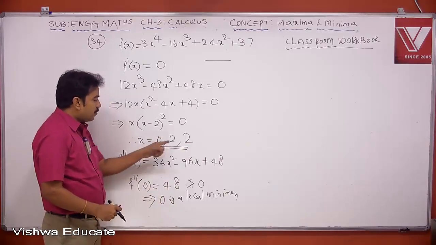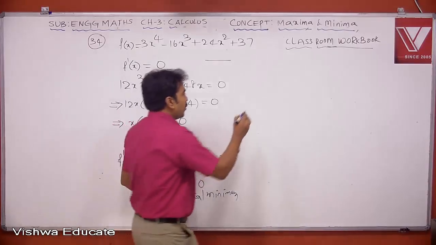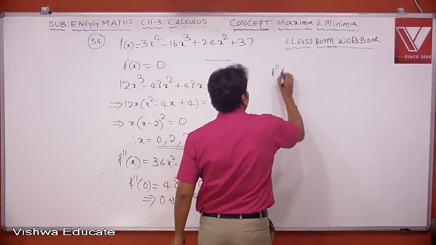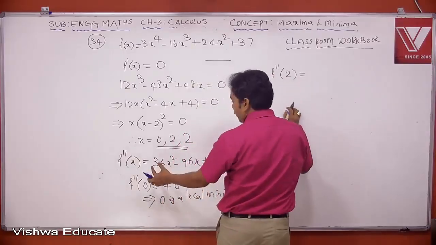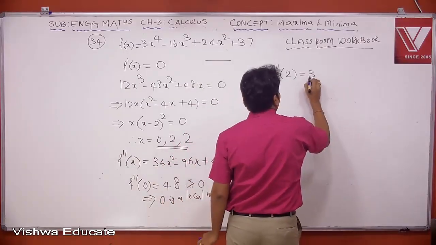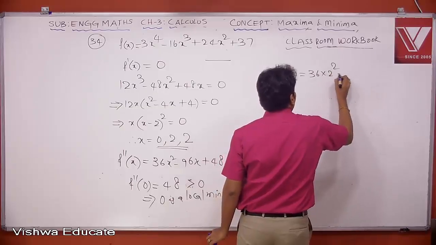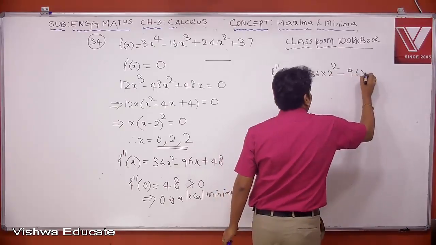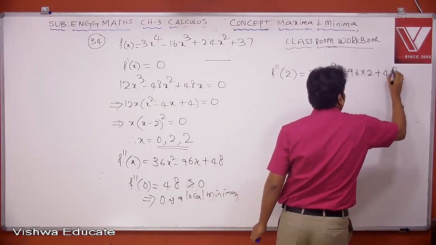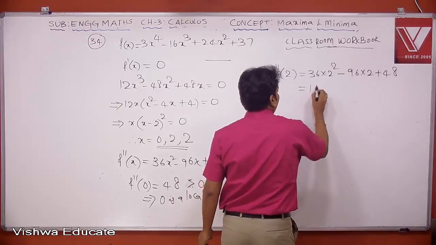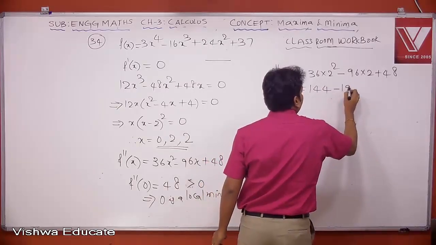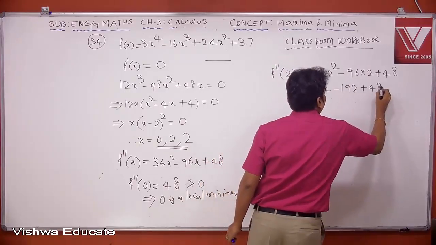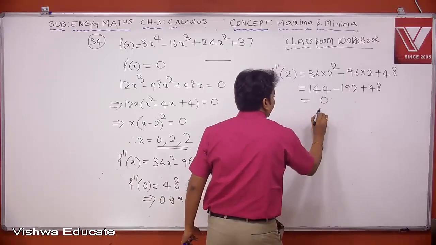Now let us come to point number 2. That means f double dash of 2. So replace x by 2: 36 into 2 square minus 96 into 2 plus 48. 36 fours are 144, minus 192, plus 48. Now this quantity is 0.